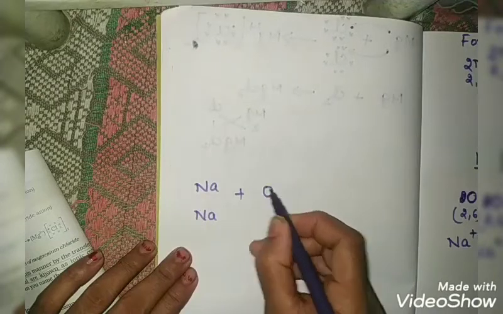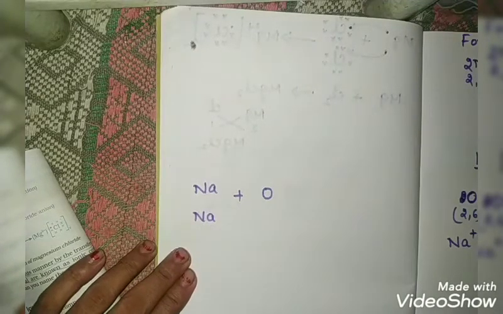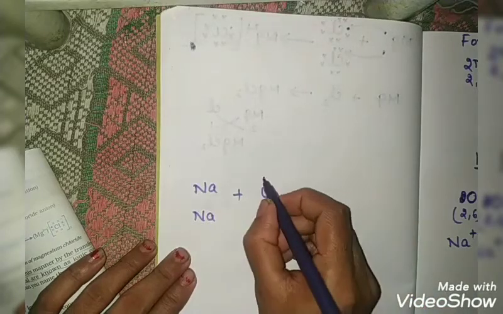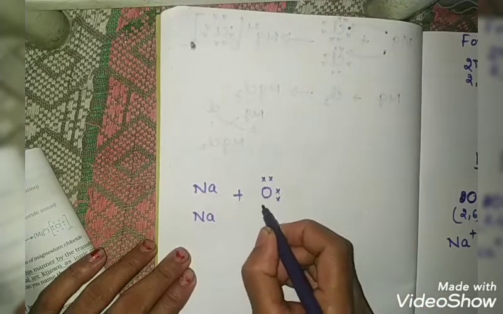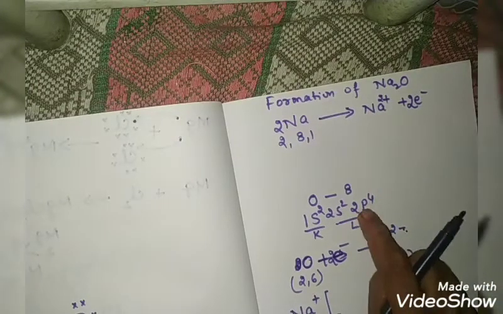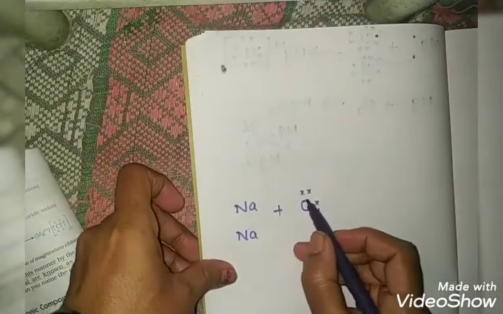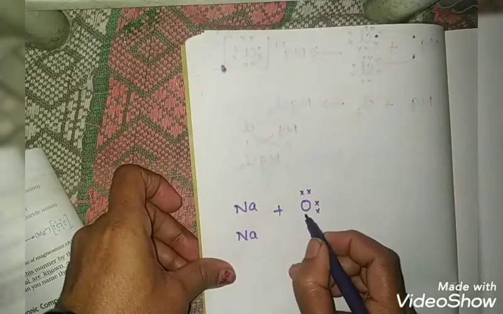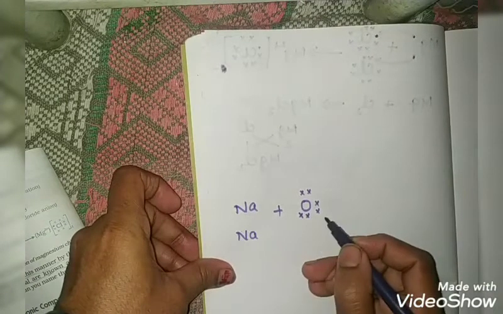Here oxygen is there, children. Oxygen, how much is it? 1, 2, 3, 4. What was in the end? There were 6 electrons in the outermost shell. Write that first. 1, 2, 3, 4, 5, 6.